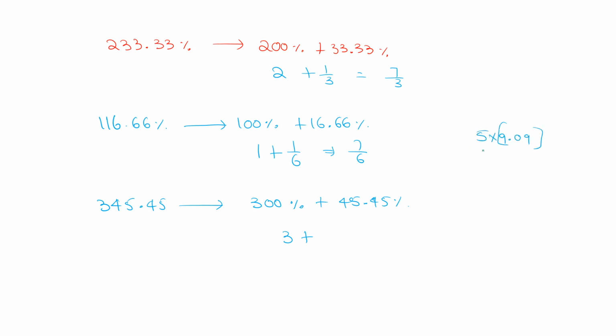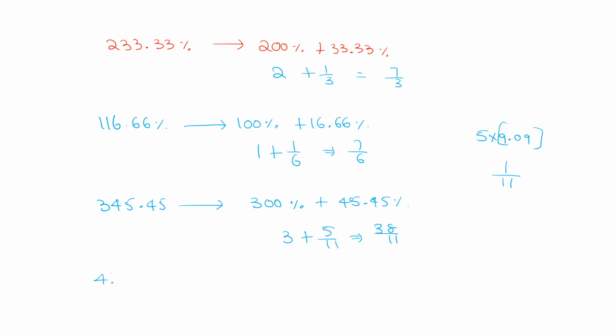Have you observed one thing? 9.09 can be represented as 1 upon 11. So 5 times of 1 upon 11 is nothing but 5 upon 11. Then the fractional value would be 11 times 3, that's 33, plus 5, 38 upon 11.